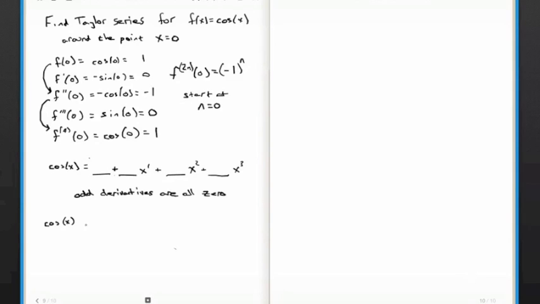And the 0th derivative really is an even derivative, so that's my first one, so that's just going to be 1. And I'm going to say plus, my second derivative gives me a negative 1, but I'm going to divide that by 2 factorial, so it's negative 1 over 2 factorial times x squared. Plus, now my third derivative is going to be a sine, which is 0, so that goes away.